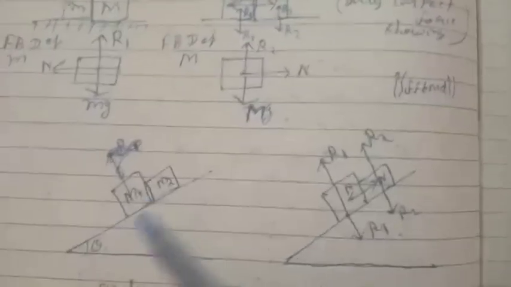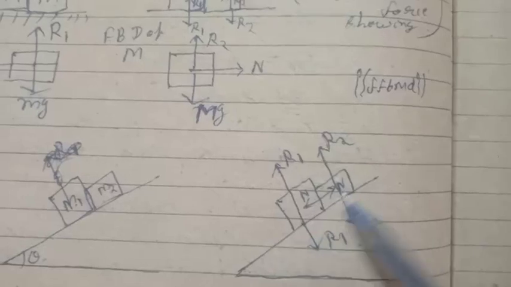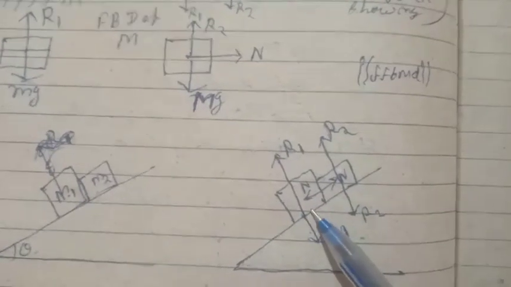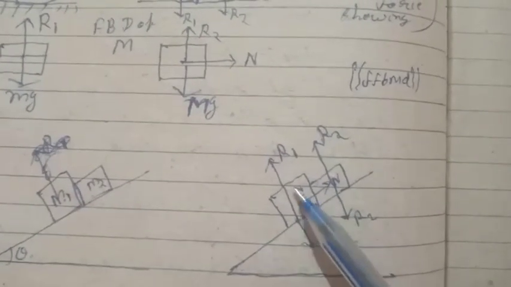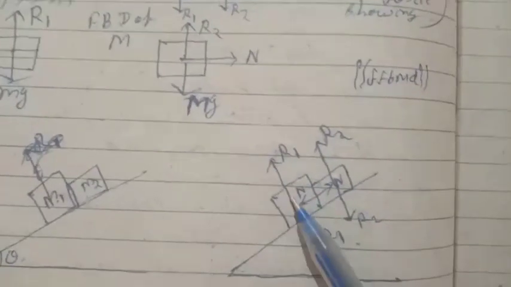Another situation is shown. Two bodies are placed in contact on an inclined plane, and here also different contact forces are acting. For example, this inclined plane is exerting a normal reaction or normal contact force along this direction, because contact force always acts perpendicular to the surface.